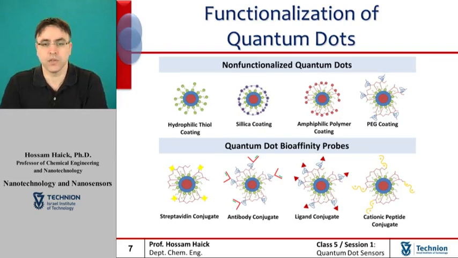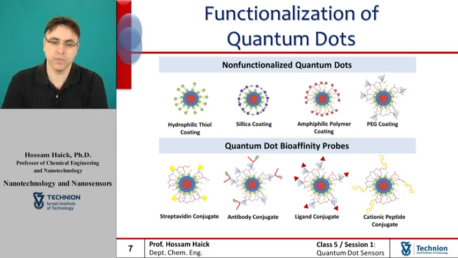A few examples include quantum dots that are conjugated to antibodies, which can yield specificity for a variety of antigens and are often prepared through the reaction between reduced antibody fragments with maleimide PEG-activated quantum dots.